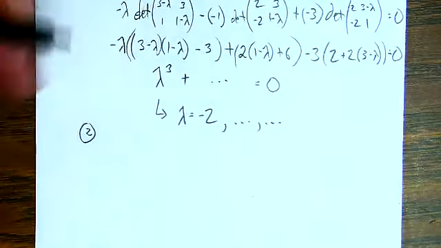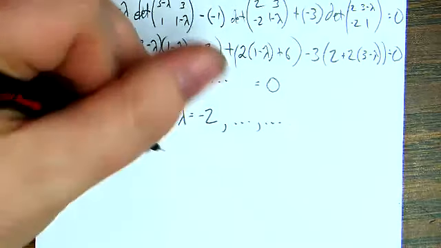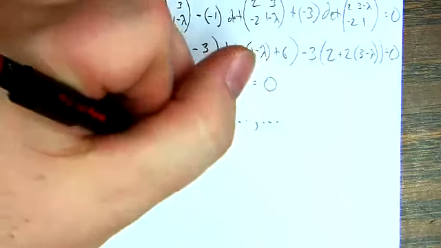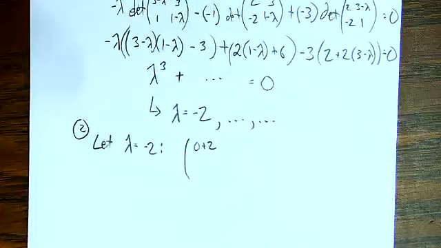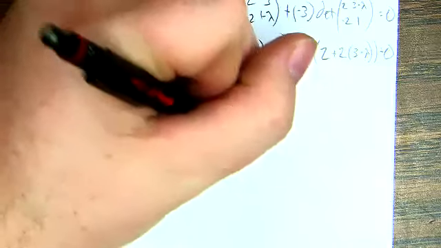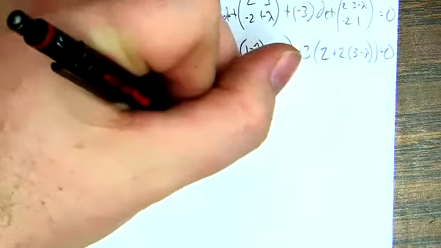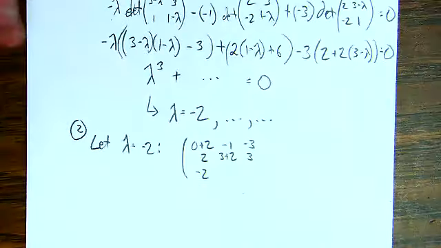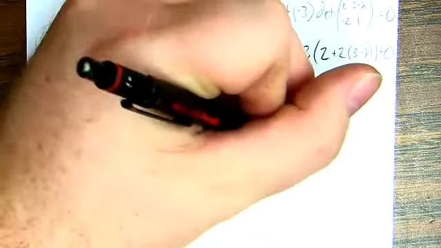In terms of finding the k associated with that eigenvalue of -2, if I let lambda be equal to -2, I am now solving 0 minus -2, -1, -3, 2, 3 minus -2, 3, -2, 1, 1 minus -2, equals the 0 vector.